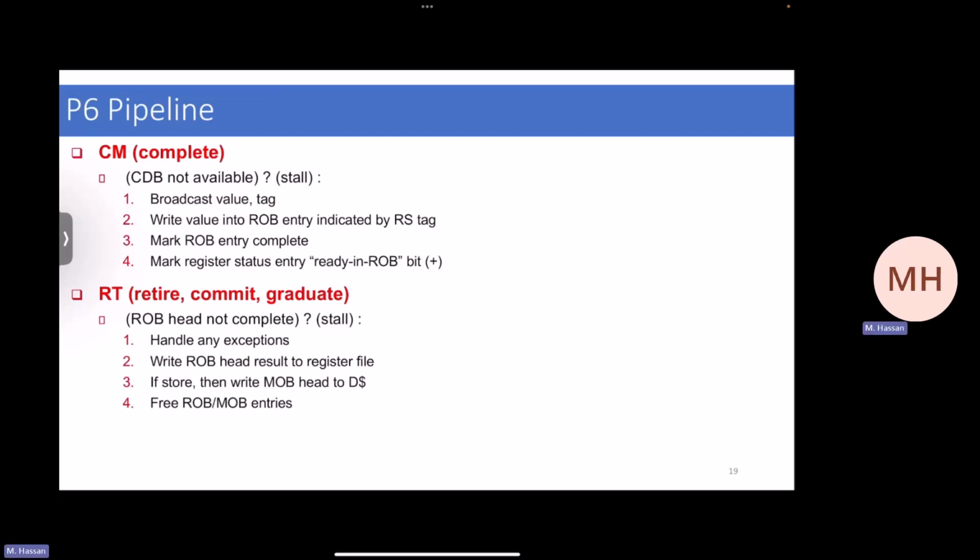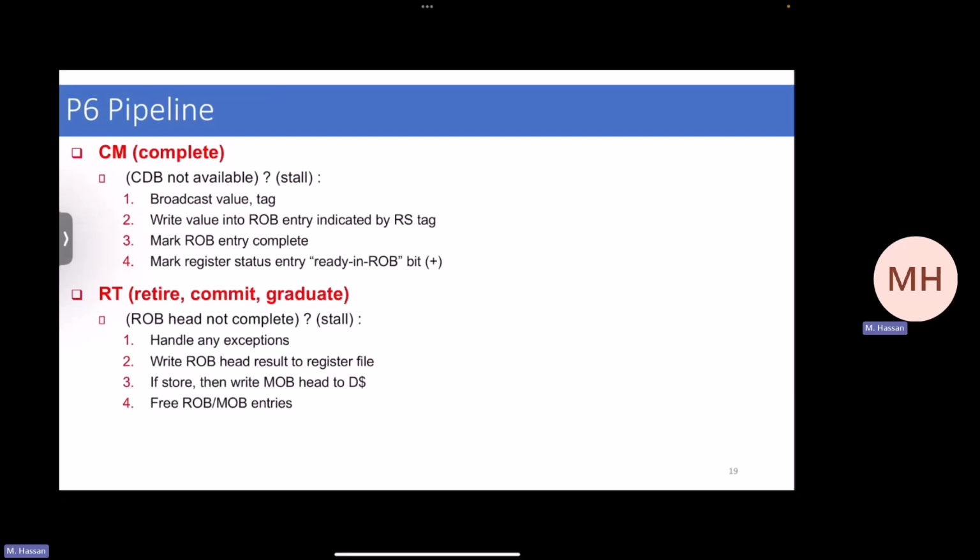But this broadcasting is going to the ROB, right? In the entry that is indicated by the reservation station tag. And then you mark the ROB entry as complete, because once you mark entries as complete, when you try to retire instructions, you only retire the complete ones in order. And then you mark the register status entry to be ready in ROB.